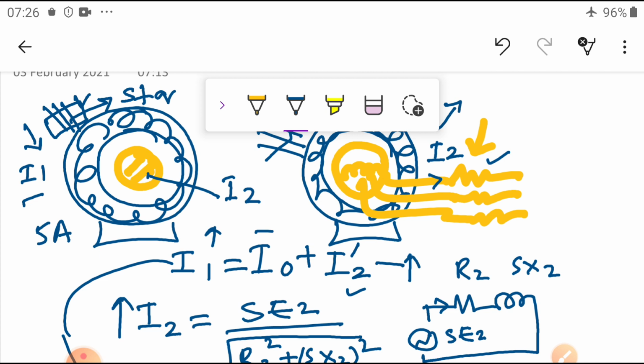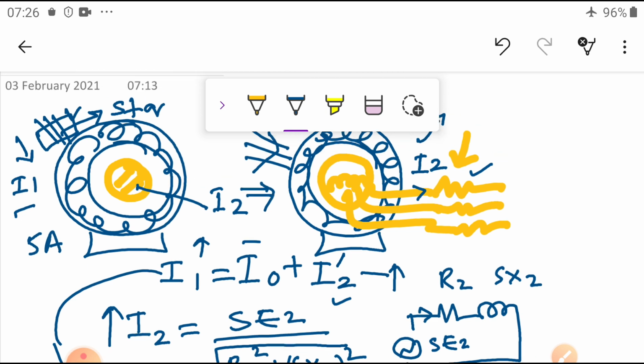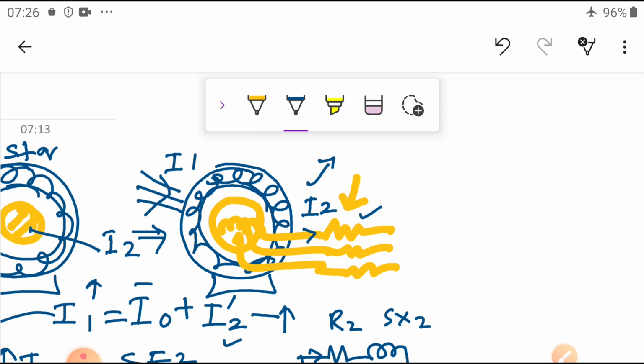Now in this case, in the squirrel cage motor we are unable to provide any resistance on the rotor side, hence we provide the starter on the stator side. In the slip ring induction motor there is a provision to provide the starter at the starting side and also a provision on the rotor side. So we can control from both sides in a slip ring induction motor.